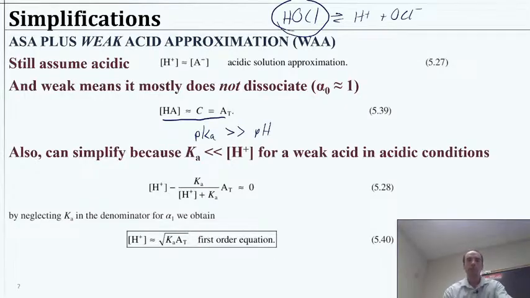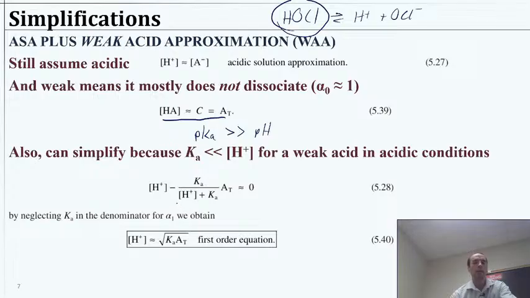Kind of inverts it that way. For a weak acid in acidic conditions, we can simplify because when we compare these two numbers, the Ka becomes kind of irrelevant, right? It's almost as if this is 0.